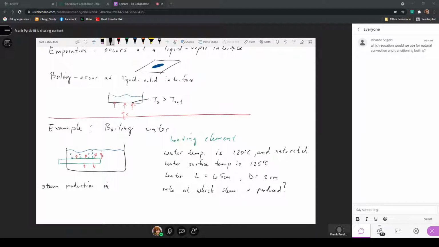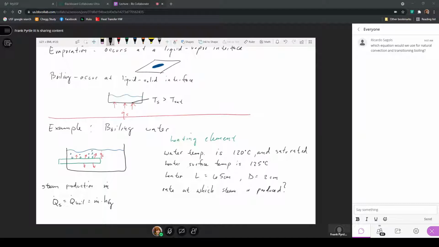Well, the heat that is being added to the liquid water to get bubbles to be produced is just going to be some heat transfer rate. And the amount of heat being transferred, let's say Q dot from the surface, would just be equal to the rate at which water is being boiled, which could be written as the mass flow rate, which is just the steam production rate, times the latent heat of vaporization.